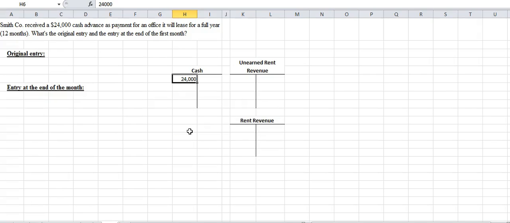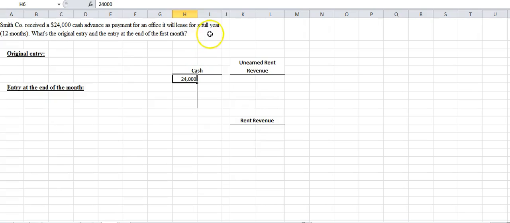Now you could give them their cash back, right? You could pay them back their $24,000, or you could pay them back by providing the products or services that you promised. In this case, you're promising rent. You're promising the usage of an office, right? So as your customer, the person that gave you the $24,000, uses the office, you will be earning your money.